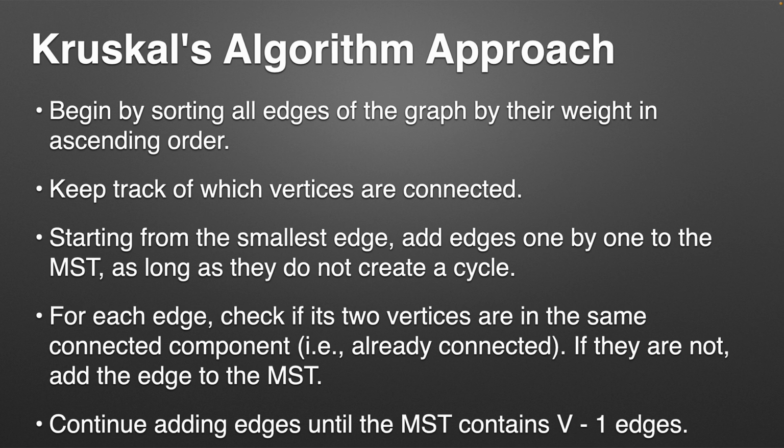The first thing we do is take a graph with all the weighted edges and sort them in order, 1, 2, 3, 4, like that. Then we keep track of the vertices that we've added so far, and we start with the smallest edge, then go to the next smallest edge, the next smallest edge.